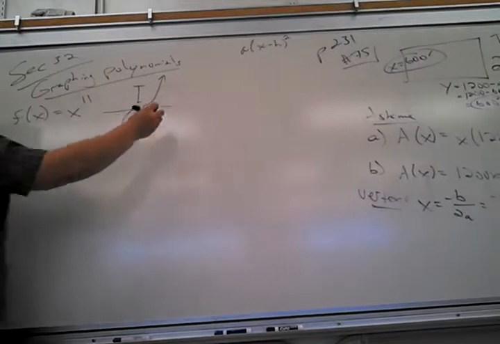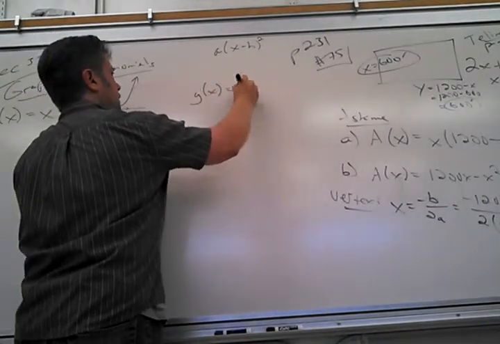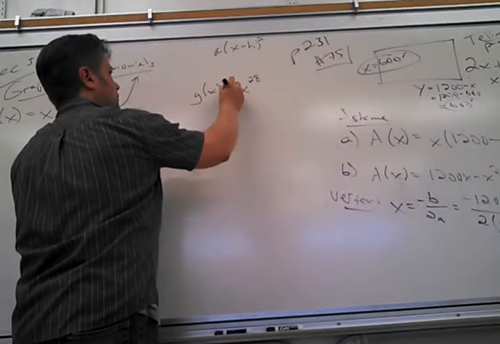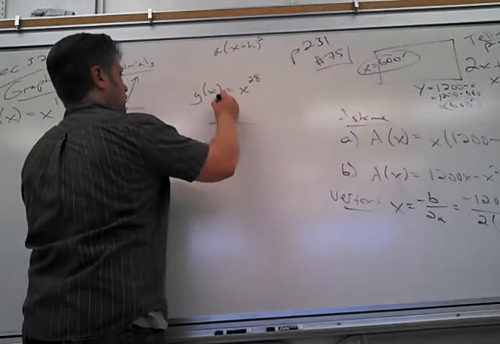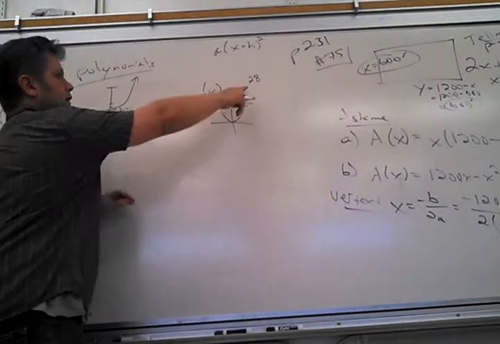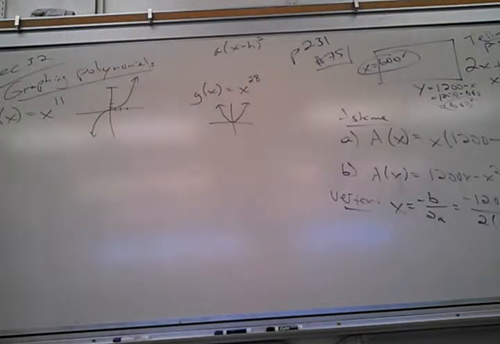So of course, real quick, if I had g of x equals x to the 28th power, what would that look like? Yeah. Right? And if it was negative, it would just be pointing down. And again, it's to the 28th power, so that's very skinny. It goes up super fast.